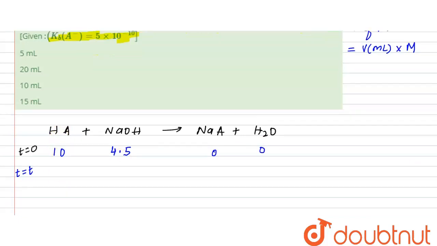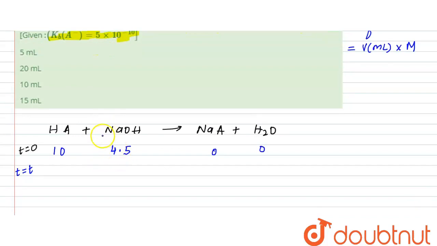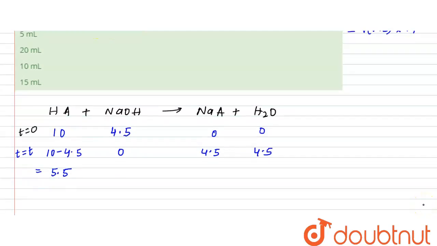As you can see, 1 mole of NaOH reacts with 1 mole of HA. So 4.5 moles of NaOH will react with 4.5 moles of HA. So how much will be left? 10 minus 4.5, and NaOH will be 0. How much will be formed? 4.5, and here also 4.5, right? So finally this value will be 5.5, right?